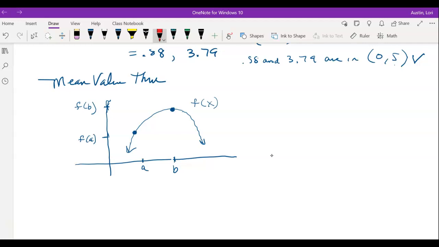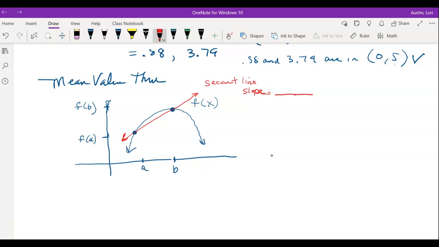If I draw a secant line through a and b, we all remember how to find the slope of that secant line, how you find the slope of any line, right?